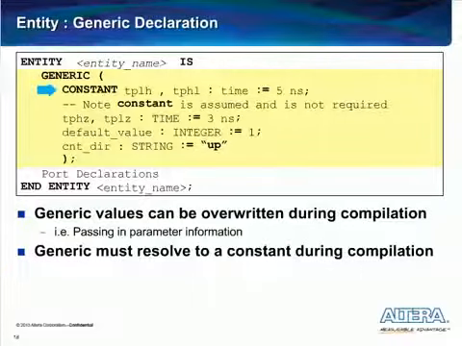Also notice you can declare multiple generics in one line if they are the same type and initial value by using the comma. Thus, TPLH and TPHL are both generics of type time initialized to 5 nanoseconds, and TPHZ and TPLZ are both generics of type time initialized to 3 nanoseconds.